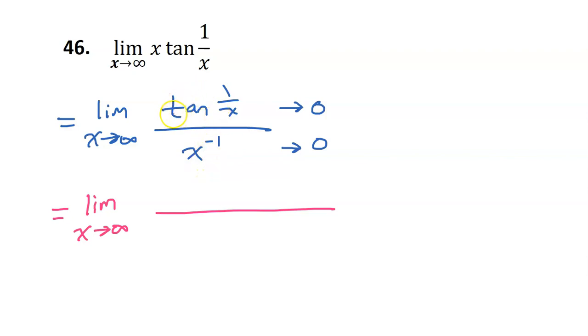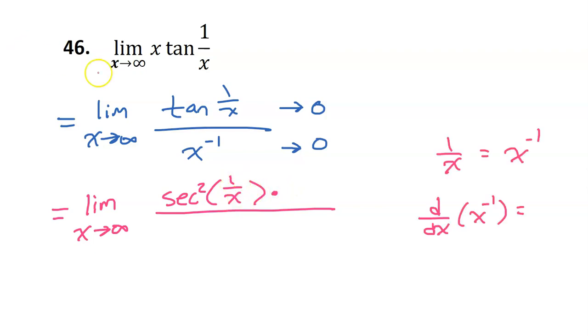We know that the derivative of tangent is secant squared. So I'm going to put secant squared, but since it's not just an x, it's 1 over x, then I'm going to put the 1 over x, but then I have to multiply by the derivative of 1 over x. Well, 1 over x equals x to the negative 1 power.